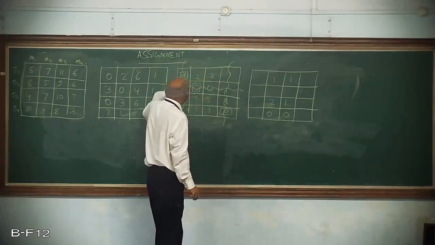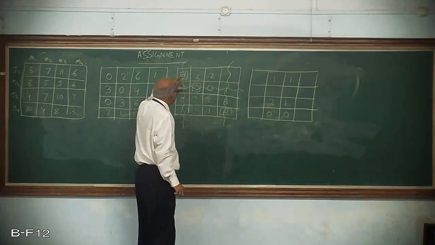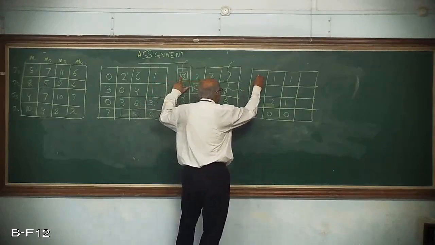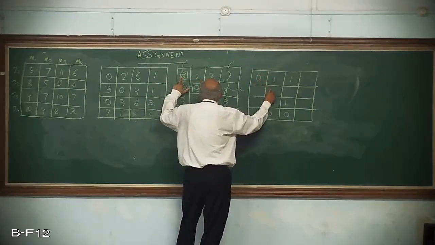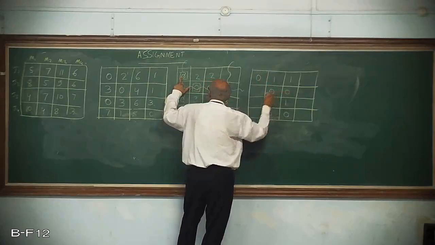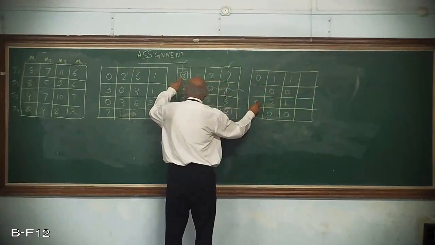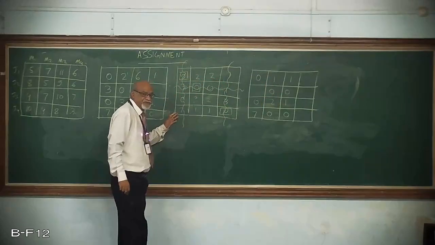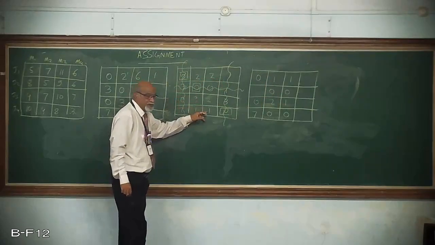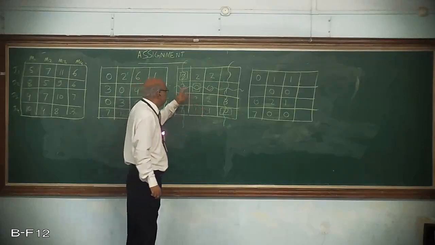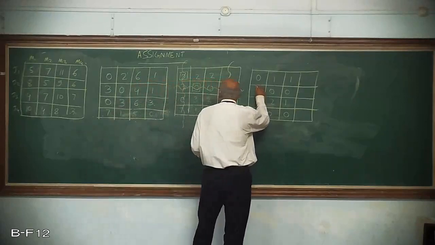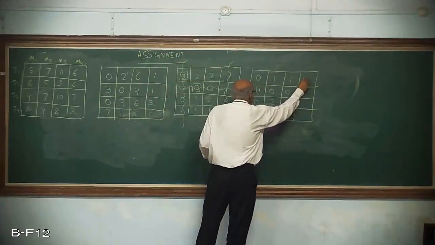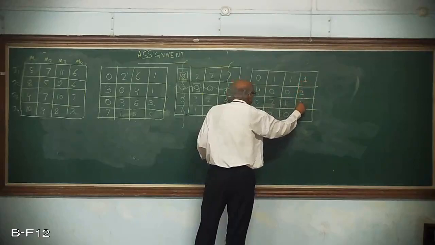And what is to be done with the others? Those which have been covered with a single line, you leave as they are, whatever the value. 0 here, 0 here, 0 here, 0 here, and 7 here. But where there is only a crossing, you add that value, whatever we have subtracted. That means I add to this 3, it will become 4, this will become 2, and this one remains as it is, 1, 3, 0.